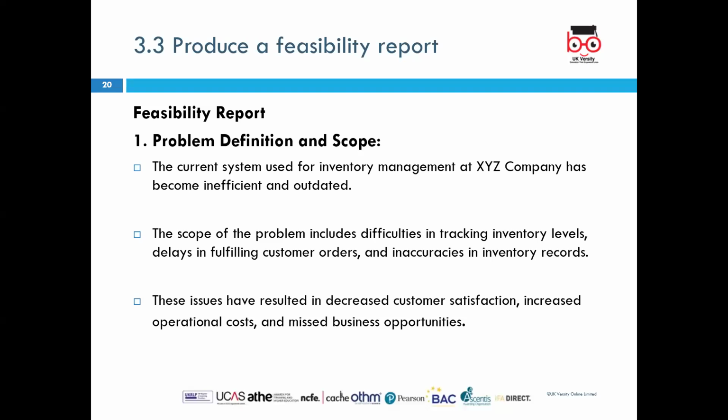Looking back at the example of Amazon, this could be a good problem to present when it comes to our feasibility report, and we can now understand what is going wrong with our system.